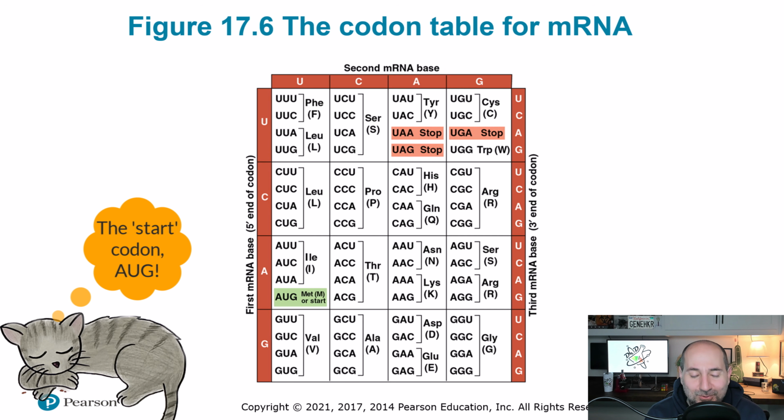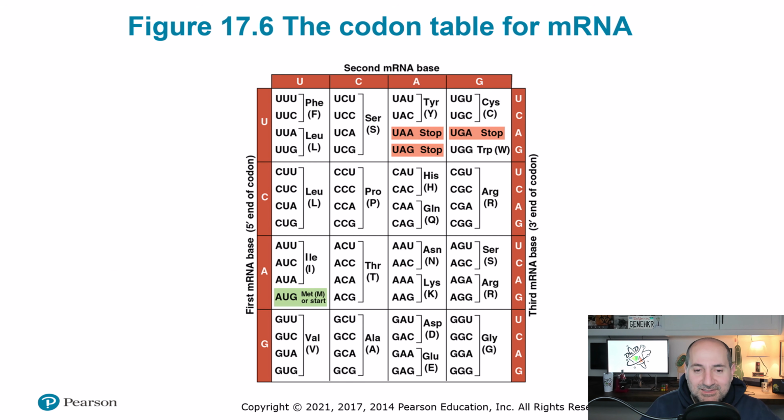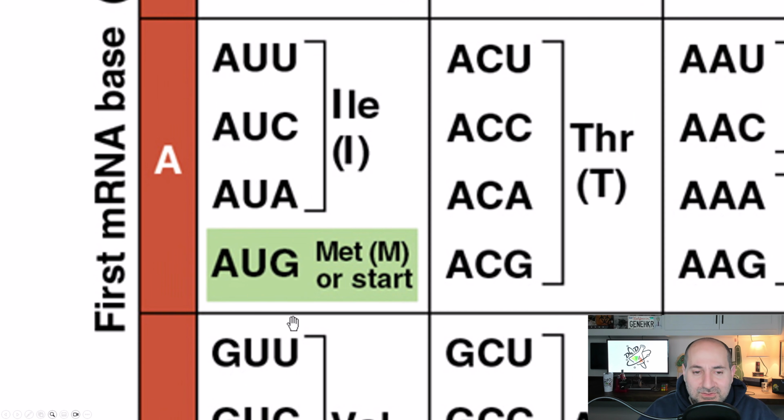Right, Wicket chimed in with the answer. You see this codon right here? This codon, AUG, or on DNA, ATG. This codon is special. This codon is known as the start codon, and it tells the ribosome where to start translation.